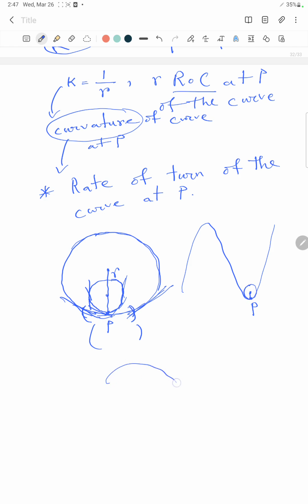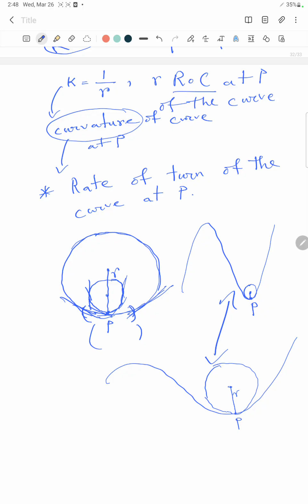But on the other hand, if there is a curve which does not have a sharp turn, then to approximate this with a circle, you need a circle of big radius. So this is the difference. If you have a small radius, the turn is higher. If you have a big radius, the turn is lower. That's why the curvature is the reciprocal, 1 by r.